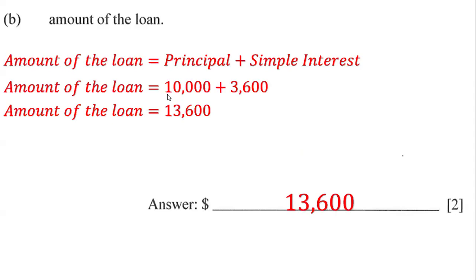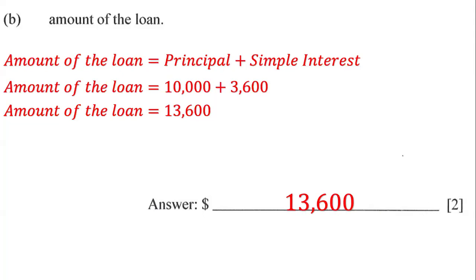That's the amount that was borrowed. And the simple interest is 3,600. That is the amount accumulated because of the loan. So the answer is going to be 13,600.